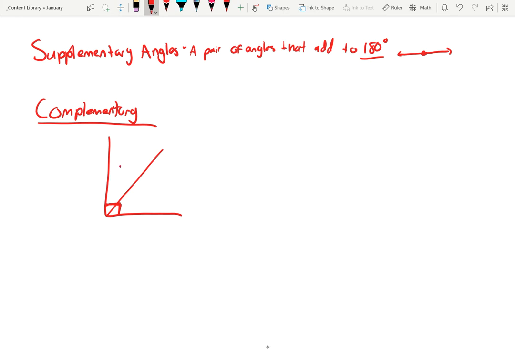If I say that this angle is 63 degrees, let's give these letters. Let's say this is E, F, G, H, right? So angle EFG is 63 degrees. What is angle GFH?